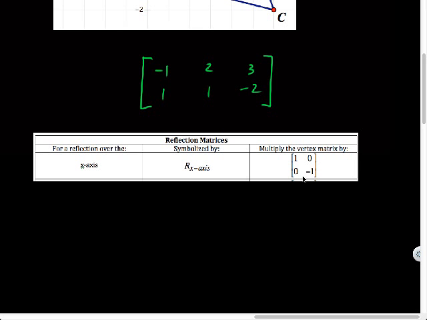Now, question: would it matter what side I multiply this on, left or right? Yes, it would, because multiplication for matrices is not commutative. And is it even possible to multiply this particular vertex matrix?